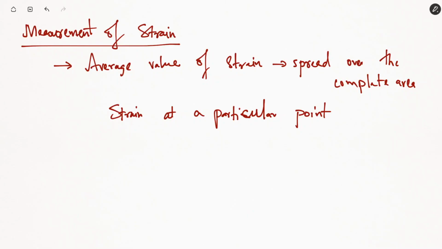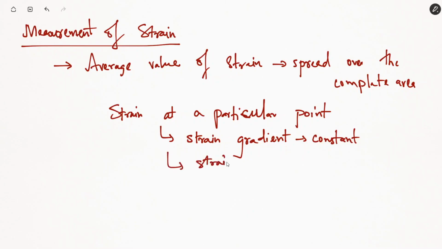So the strain gradient in that case should be constant and the strain should be uniaxial, but that may not be the case every time. So we have to adopt a model that takes both those factors into consideration. One, the strain gradient has to be constant, and two, the strain is uniaxial.